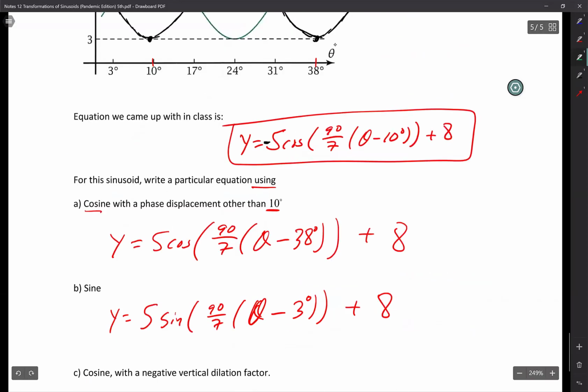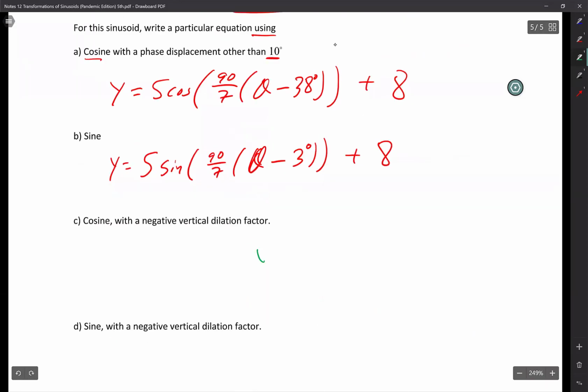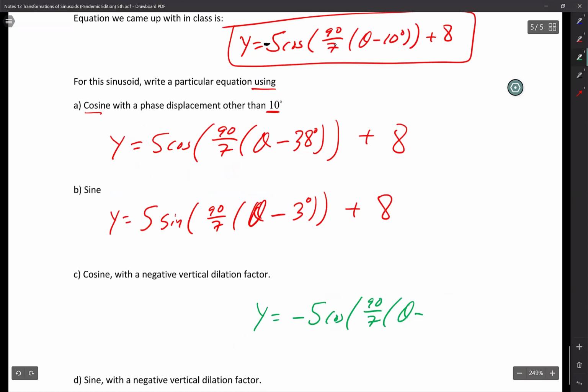So I'm going to write y equals negative 5 cosine 90 over 7 theta minus 24, plus 8. Don't worry, I'm going to give you guys time to write.